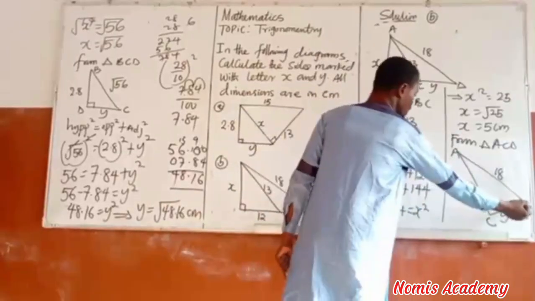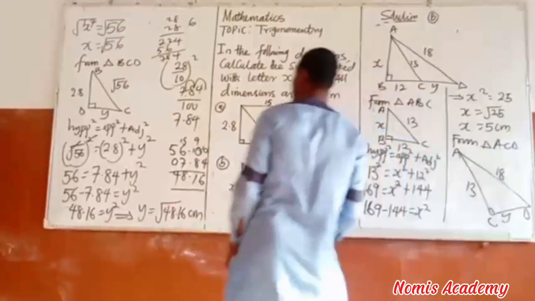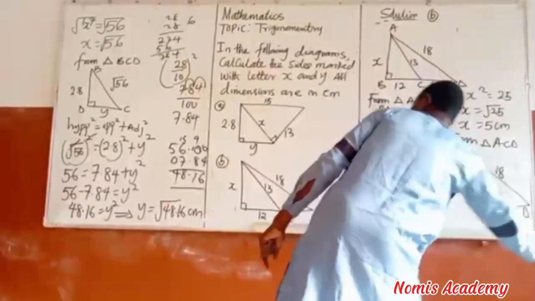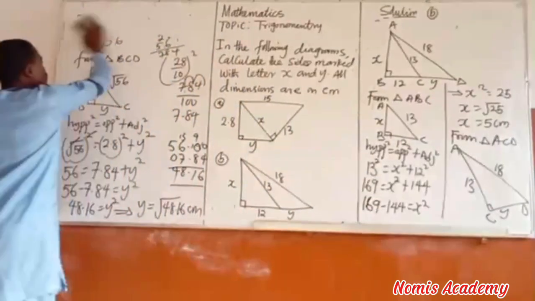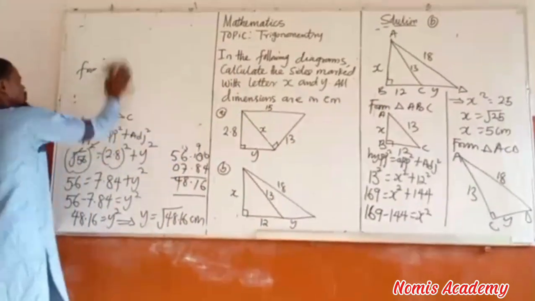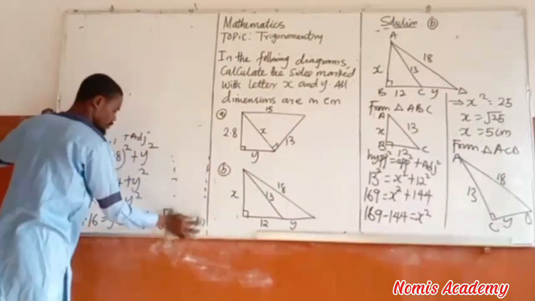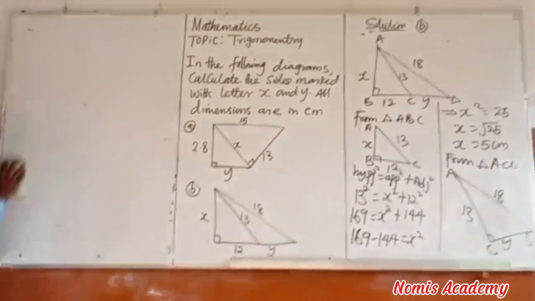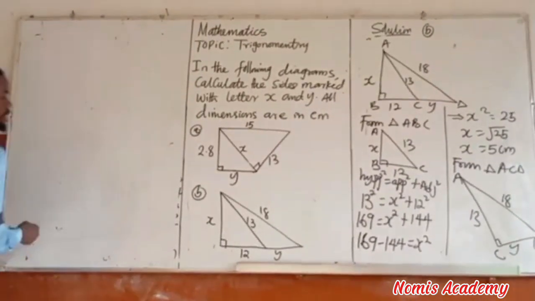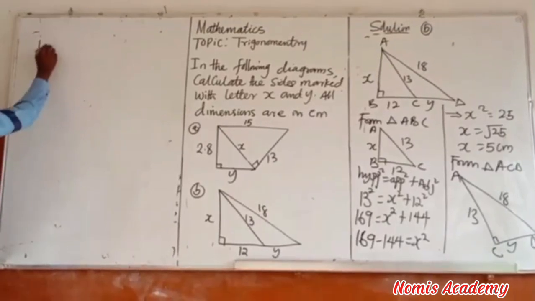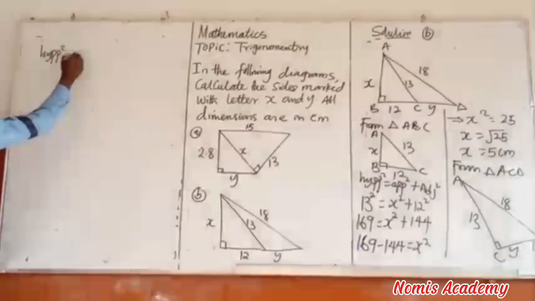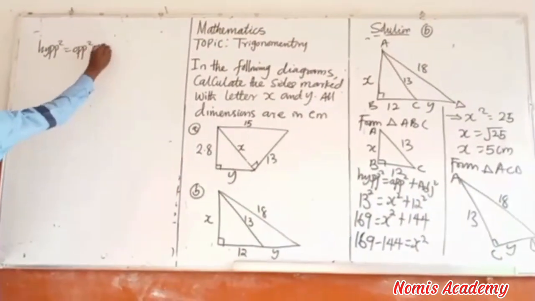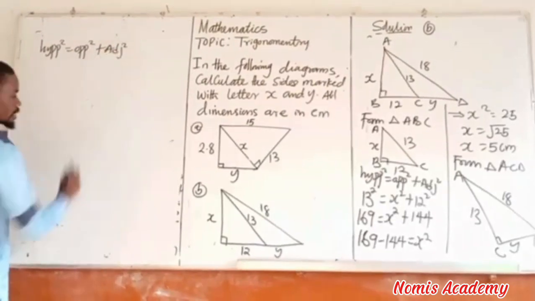And if you look at it, this is the longest side, so here is the hypotenuse. If that is the hypotenuse, we still use the Pythagoras theorem, which says that hypotenuse squared is equal to opposite squared plus adjacent squared.